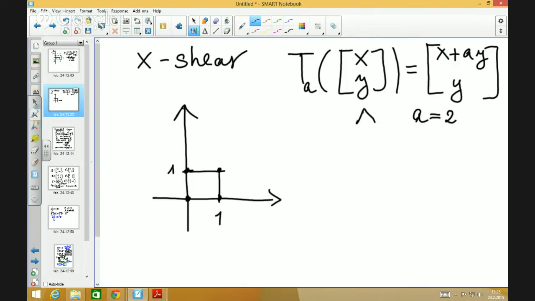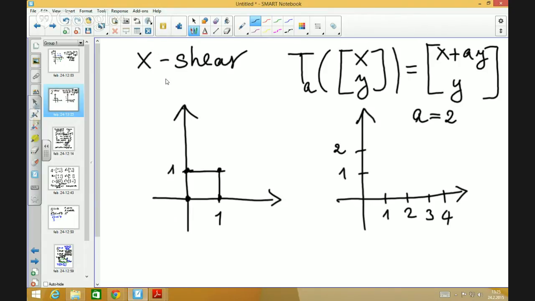Let's see what happens. 1, 2, 3, 4, not that we need it, but there you are. 1, 2. So where does the point (0, 0) go? It goes to (0, 0).